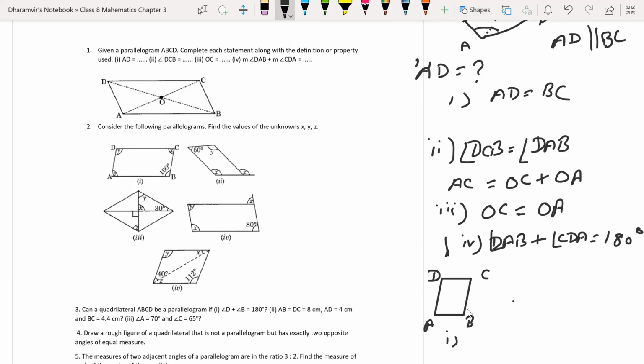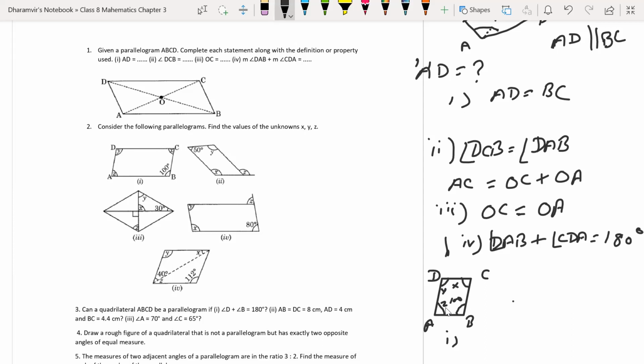DABC. Now, this angle is 100 degree. This is X. This is Y. This is Z. Okay.